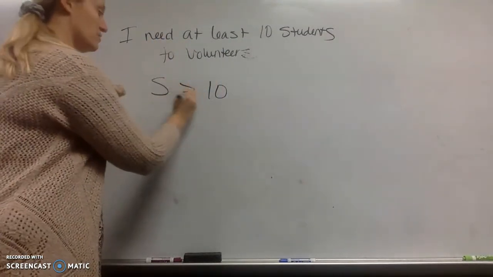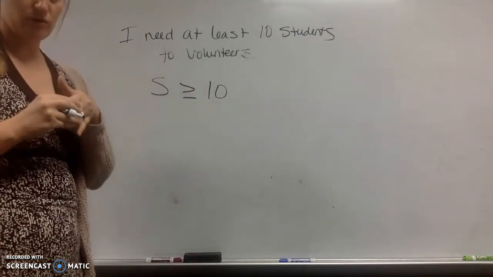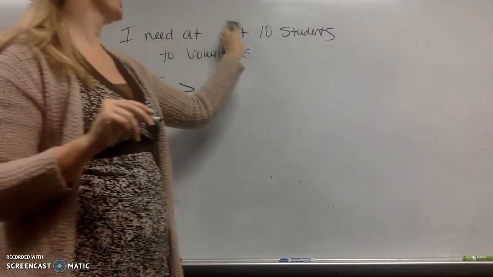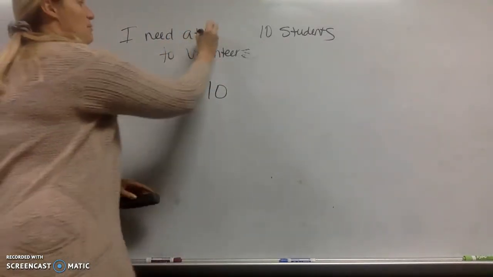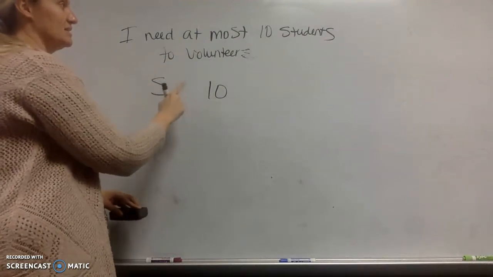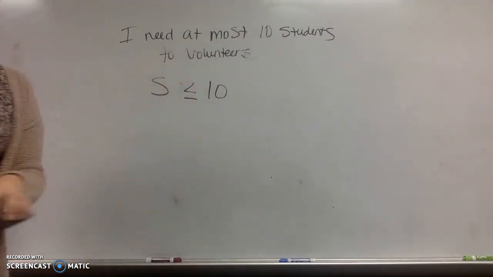So greater than or equal to, because I could have exactly 10, but then I need more. Now if I change that to I need at most 10 students, so I still need students and it's still 10, but at most means I want 10 or less. So that would change to there.